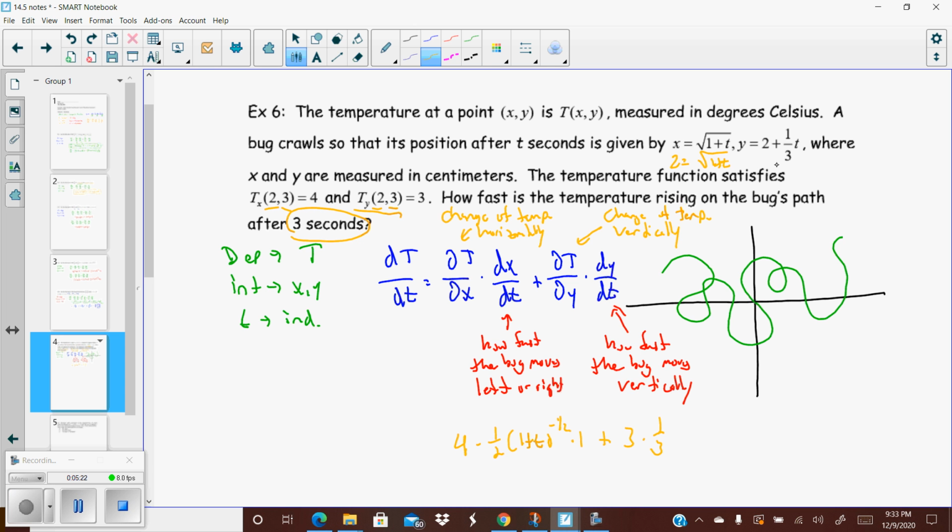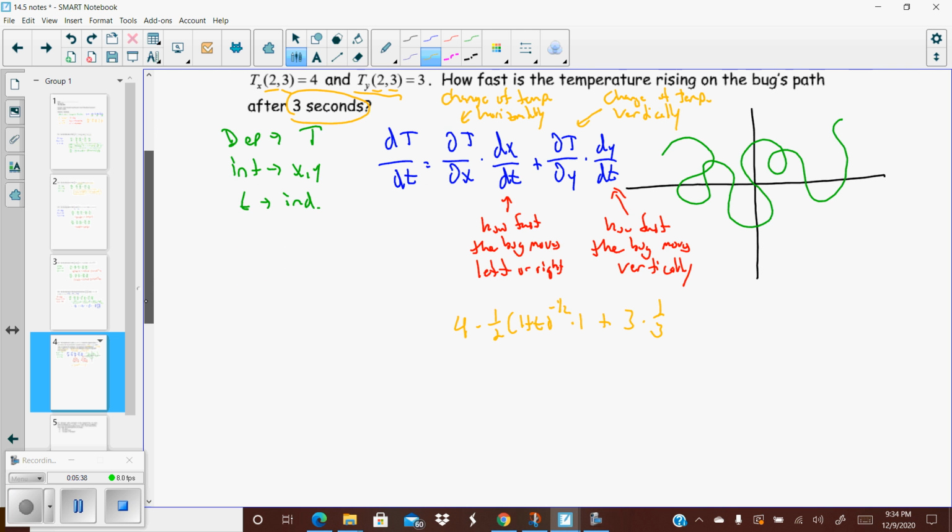Or you could plug in 3 for the y value and solve that for t. Subtract 2, multiply by 3, you'd get t equals 3. Either way would still work. In this case, we didn't really have to find that. t was given to us as 3 seconds.